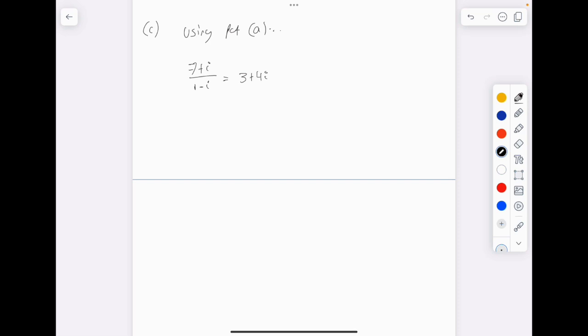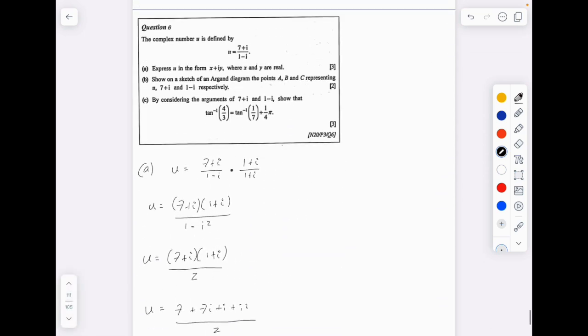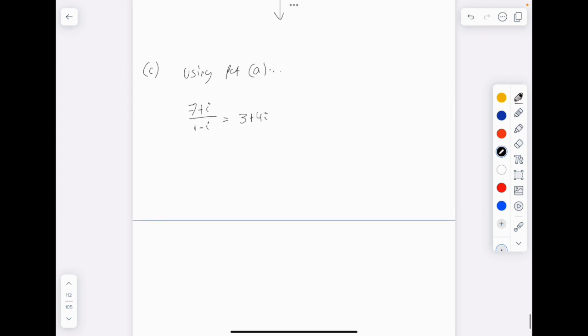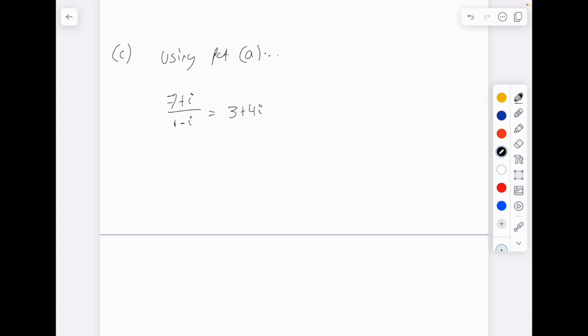That's what we found. Now it says, considering these arguments, right, so what we're going to do here is going to say, fine, well, the argument of 7 plus i over 1 minus i is equal to the argument of 3 plus 4i.